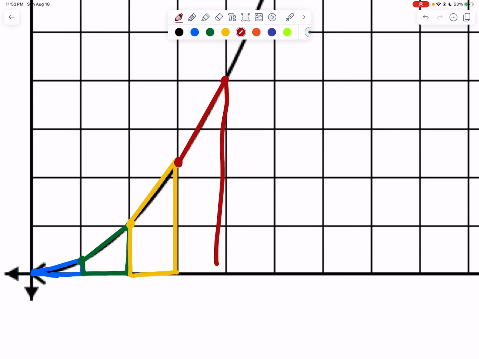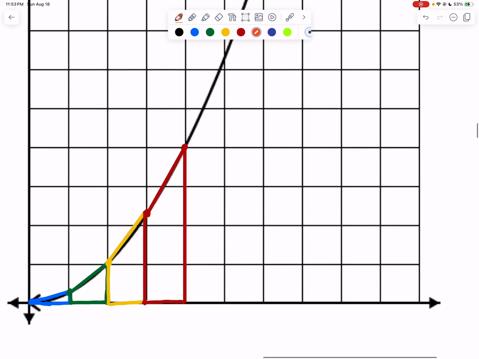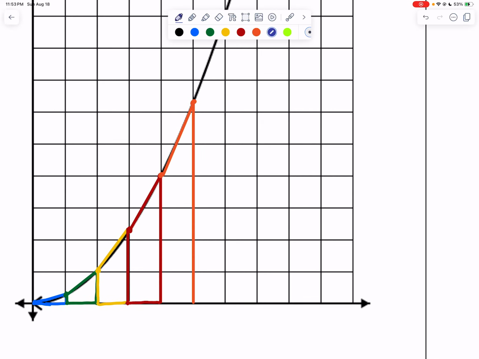Now, as you guys look at this, notice how my trapezoid is going to beat my left Riemann sum and my right Riemann sum and my midpoint Riemann sum because of how close it is to the edge of my parabola right here. Now, is this always going to work for other graphs?